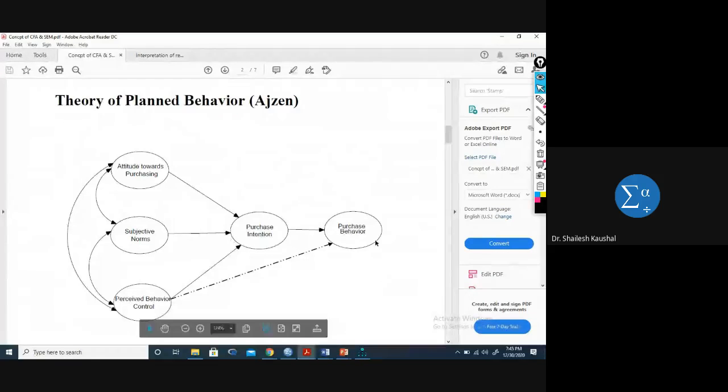We want to predict the buyer behavior. The buyer behavior can be explained through this particular theory given by Ajzen, and we need only 5 constructs: purchase behavior, purchase intention, attitude towards purchasing, subjective norm, perceived behavior control.